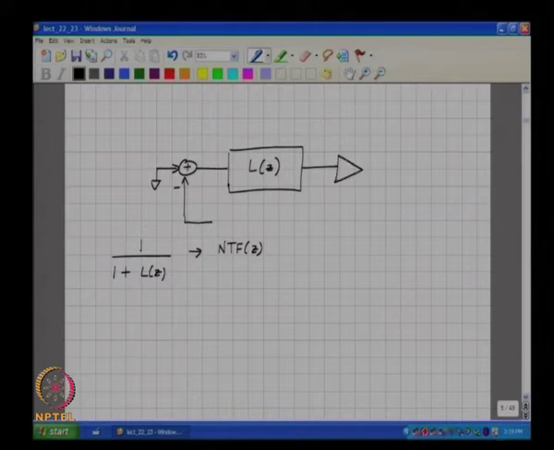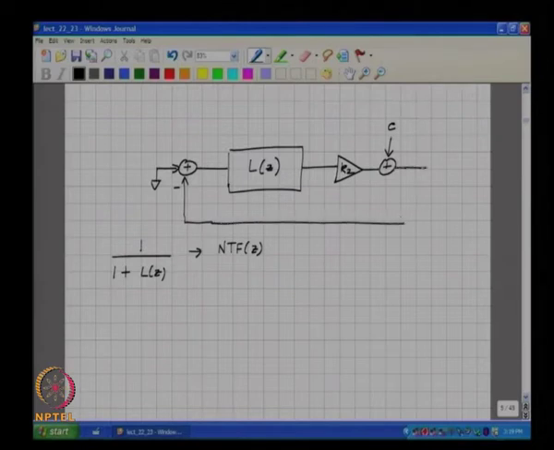The only thing we need to worry about is that, instead of having a quantizer, we have a gain K2 plus some fitting error E, and this feeds back.